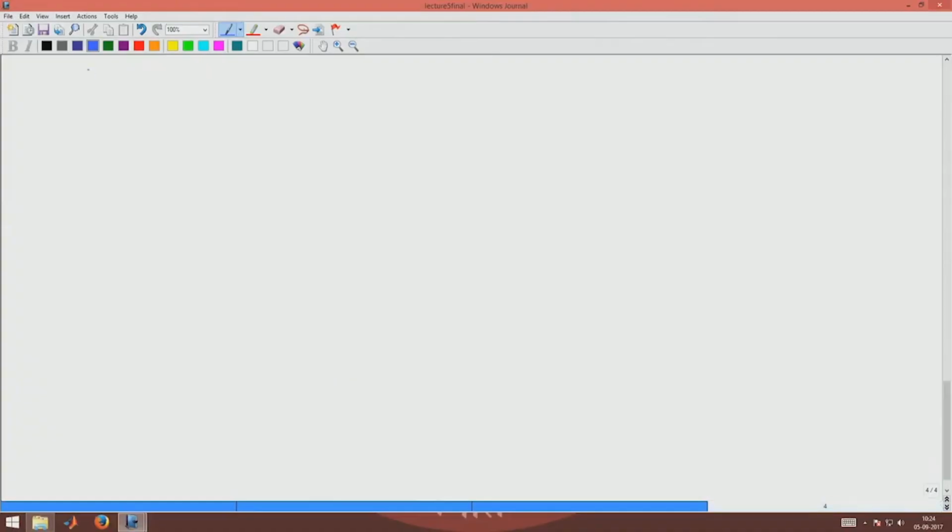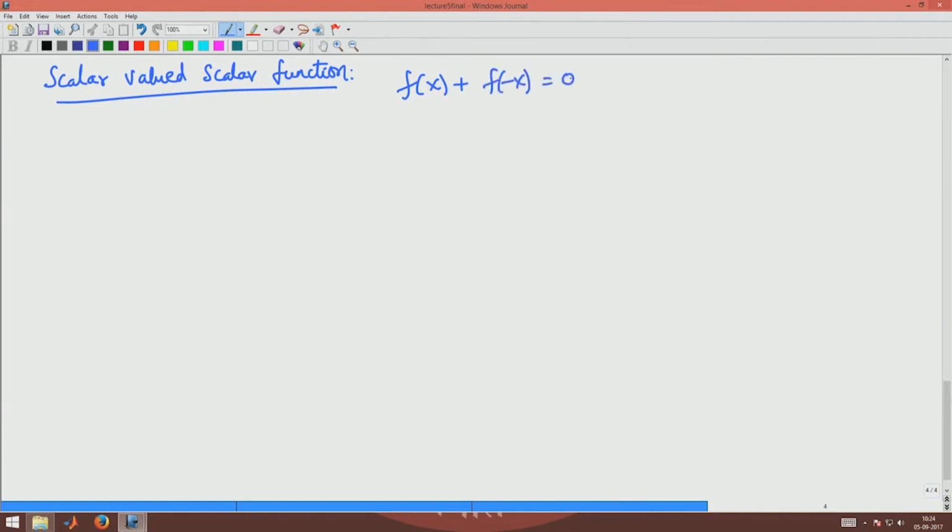Now, if I have a single variable function, a scalar valued scalar function, and if I say f of x plus f of minus x is equal to 0, you will immediately say that f of x is an odd function of x, right, because f of minus x is minus f of x.